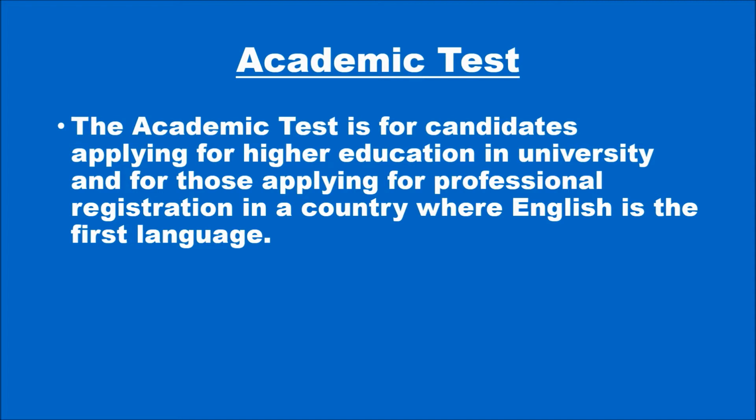Candidates who take the academic test have plans to pursue college, master's, and doctorate degrees in English-speaking countries. This test type may be required for certain jobs that need professional registration. Nurses, doctors, medical technologists, teachers, and engineers are among those who take the academic test.